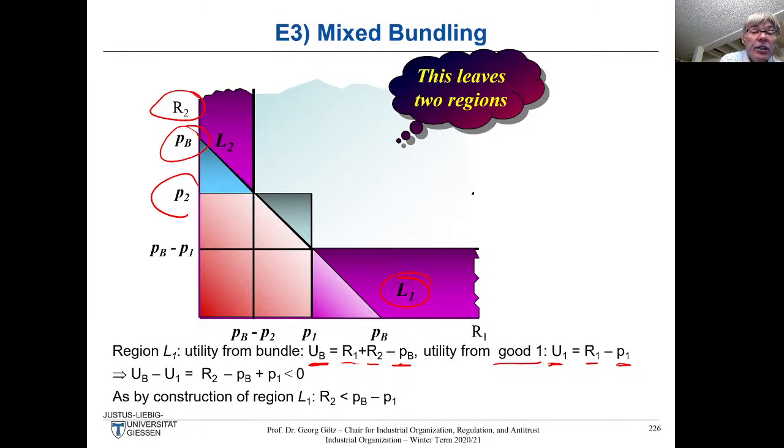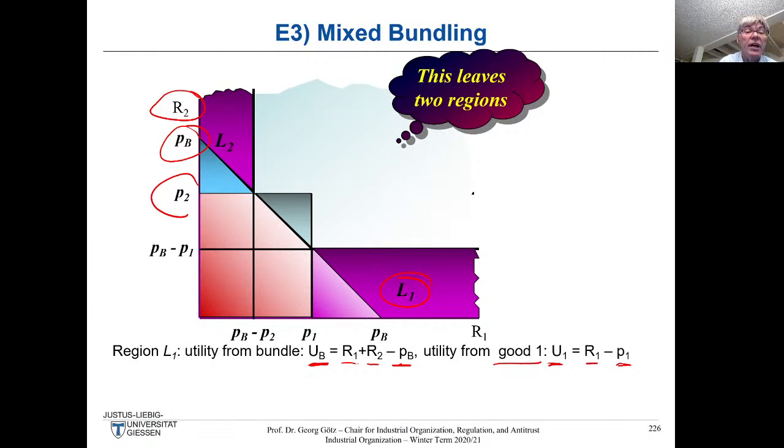Now, what is clear here, probably if I go back one slide, if this is P1, we know immediately that R2 is PB minus R1. If we go up here, this will be PB minus P1, because R1 here, if we take this value, is just P1.